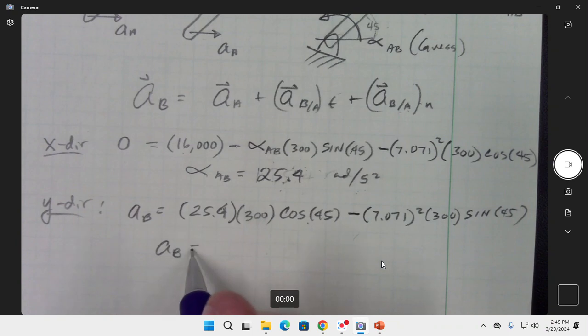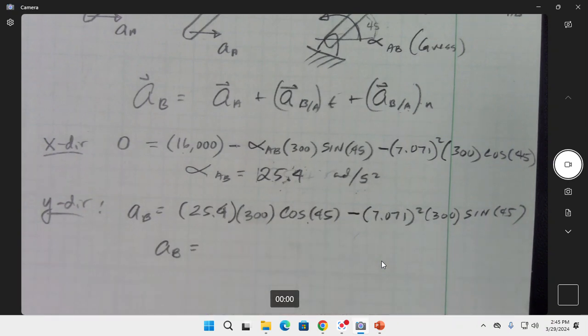Acceleration of B should therefore be 25.4 times 300 times sine, boom, minus 7.071 squared times 300 times sine.